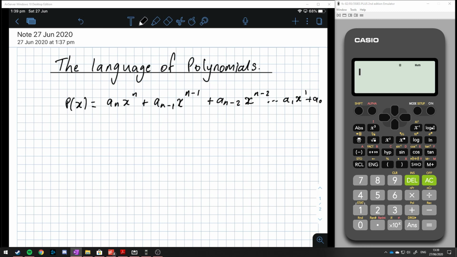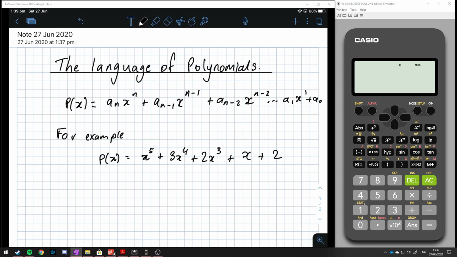Okay, so basically, a polynomial is an expression. So for example, if we had p of x is equal to x to the power of 5 plus 3x to the power of 4 plus 2x to the power of 3 plus, let's say, x plus 2. Okay? So something like this.